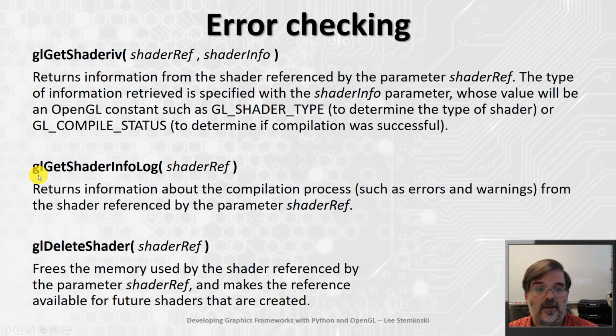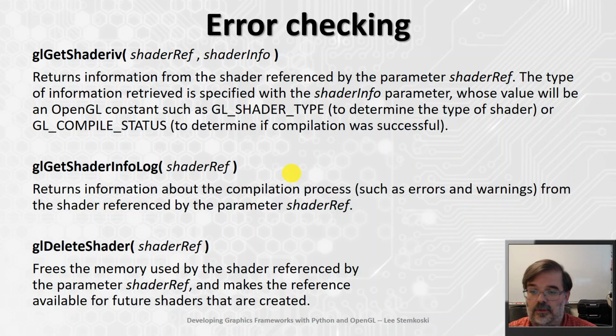And then, if compilation was not successful, then we'll want to get the log of whatever the error messages were. And that's accomplished with this command, glGetShaderInfoLog. Again, this assumes that compilation has already taken place, so there will be something in the log to look at. It retrieves the log for the shader, specified by this parameter, shaderRef.